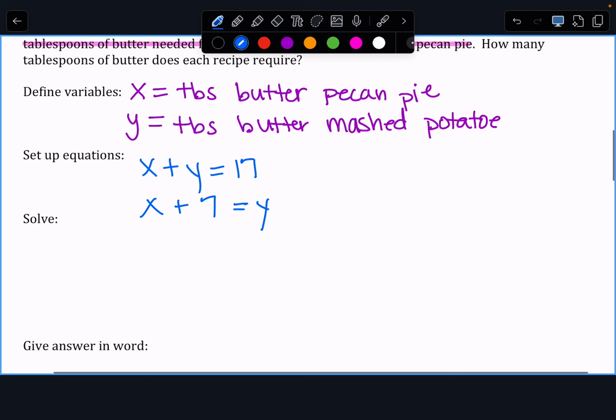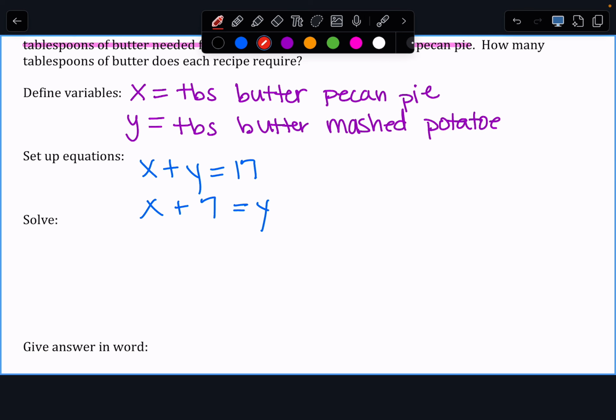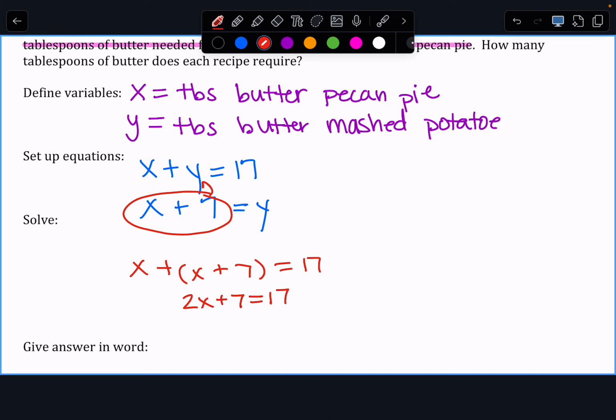Oh, yeah, this is so nice to solve, right? So now I can take this and say, hey, X plus 7 equals Y. So X plus Y equals 17. I just wrote X plus X plus 7 equals 17. That looks really weird. But really, it's just 2X plus 7 equals 17, right? So what's X? 5.